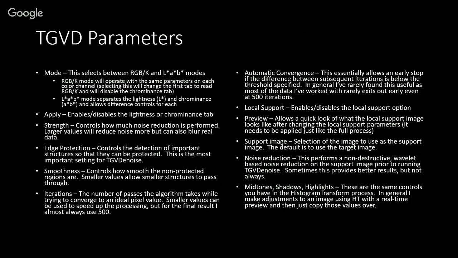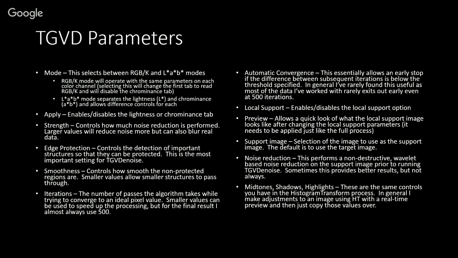The iterations, this is a very complex process and it can take a long time to run. Generally, I run it on previews of an image and typically start off with smaller iterations. But in general, in order for the algorithm to converge, you typically need somewhere up around 500 iterations.